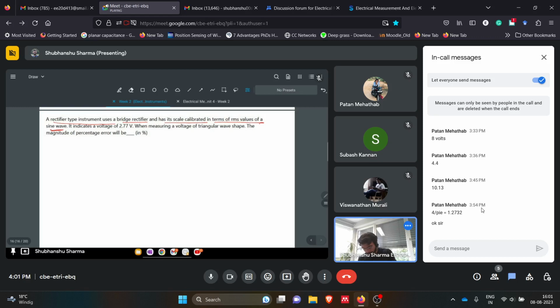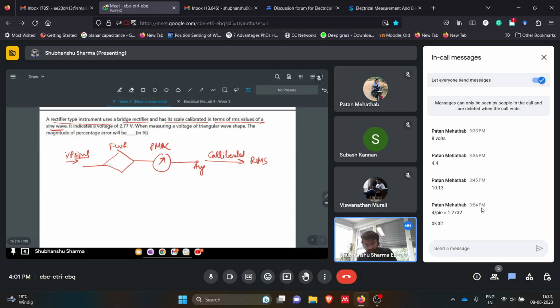Now what they are saying is, they had one full wave rectifier, then this PMMC meter. This PMMC meter gave the average signal. Now it is being calibrated into its RMS value, but this calibration is done according to a sine wave. The average of a sine wave is V average equals 2 Vm by pi, and the RMS of the sine wave is given by Vm by root 2.